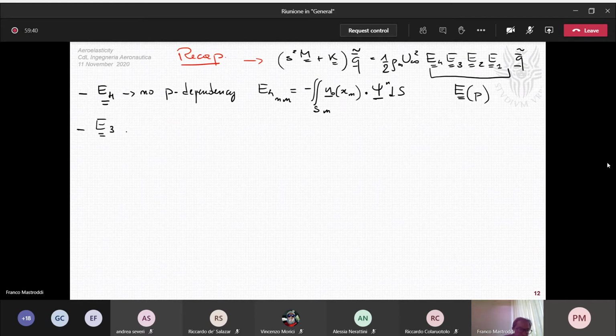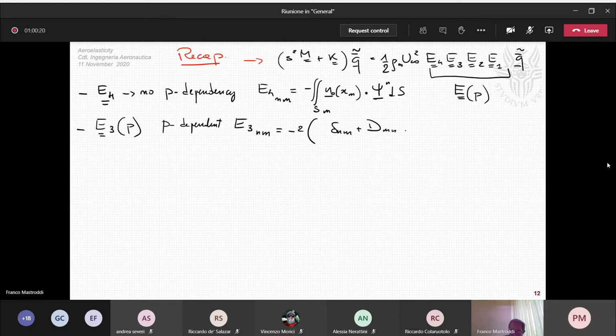E3 is depending on P. And in particular, we have that E3, the component NM, by the Bernoulli theorem, we found that this is equal to minus 2 by delta nm plus the matrix of the finite difference d mn, and here we have just a p.